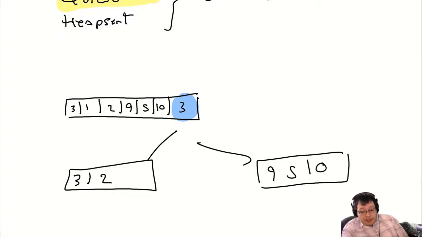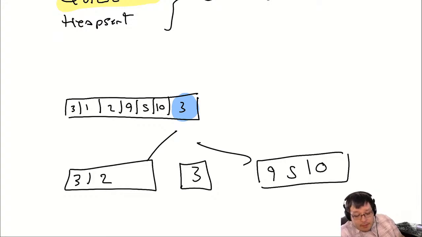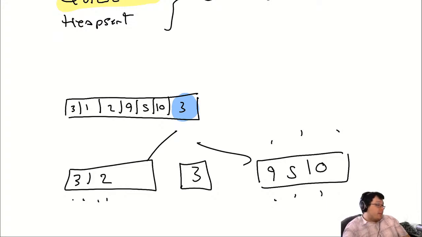After you do that, you have the 3 left over, and you know that the 3 is in the right spot, because even though these are out of order, there have to be 3 numbers before the 3, and these 3 have to go after the 3.